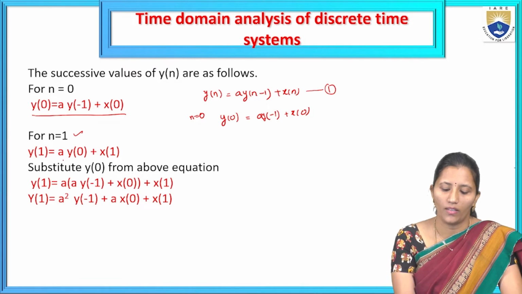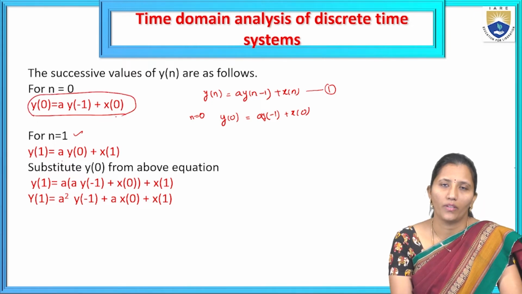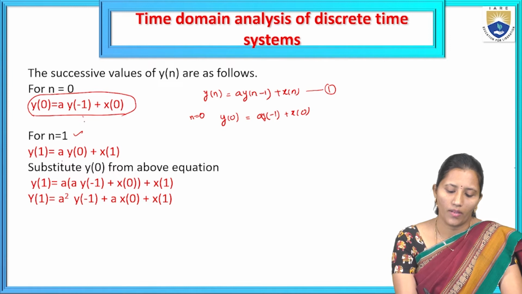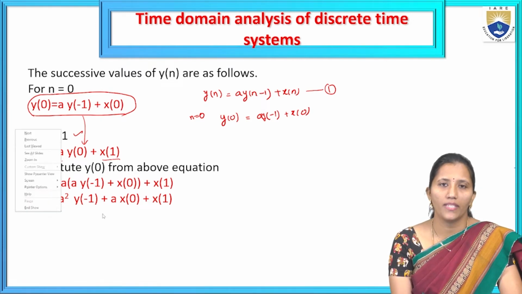Here y of 1 is equal to a into y of 0 plus x of 1. We already know the value of y of 0, so substituting that value here, we get y of 1 is equal to a into y of minus 1 plus x of 0, plus this term x of 1. Finally, y of 1 is equal to a square y of minus 1 plus a into x of 0 plus x of 1.